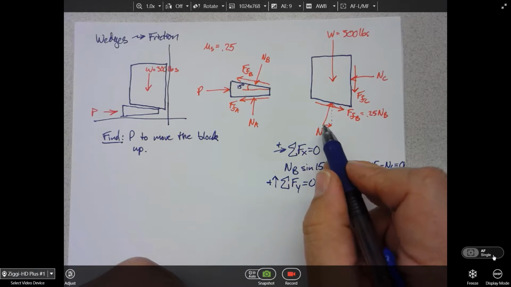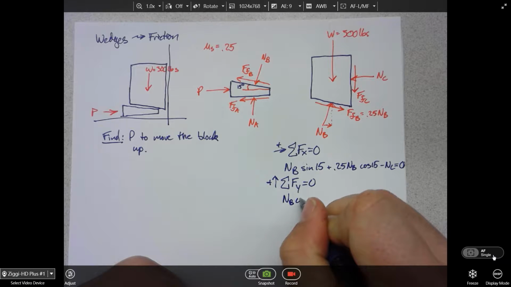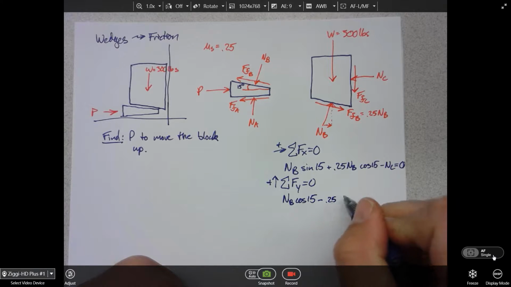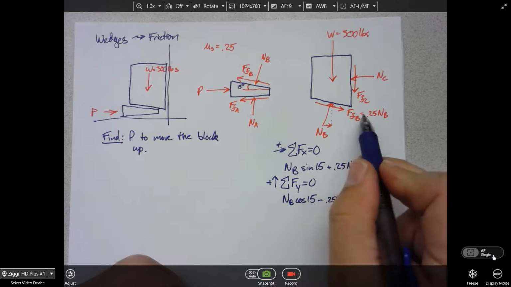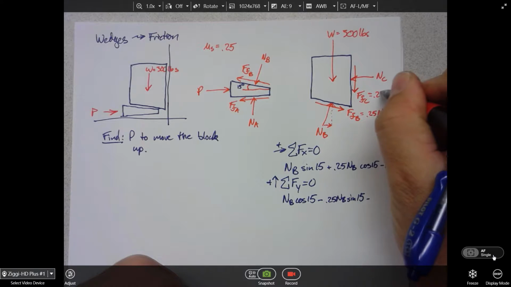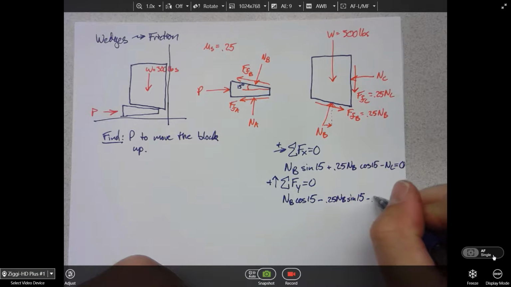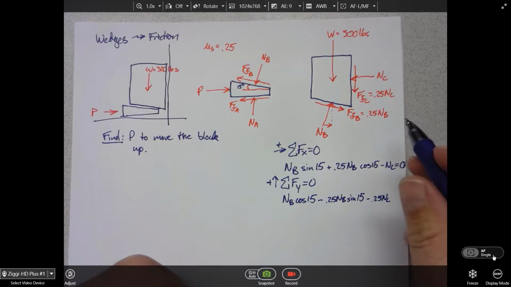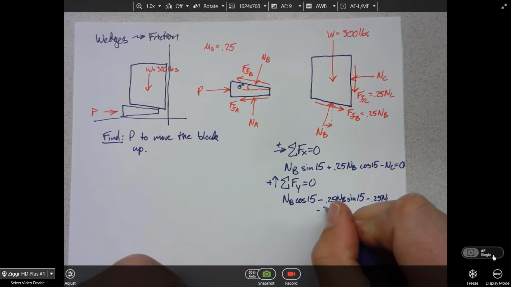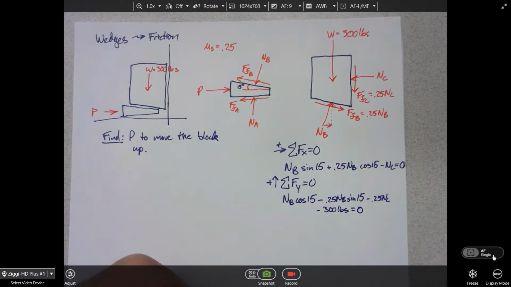So in order for that to happen, NB's got something in the Y, so it's going to be NB cosine 15 degrees minus 0.25 NB sine 15, because now it's just the little piece of the force of friction at B that acts in the Y. Minus the force of friction at C, we know is going to be 0.25 N sub C. And I'm going to have to go to a second line here, minus 300 pounds equals 0.